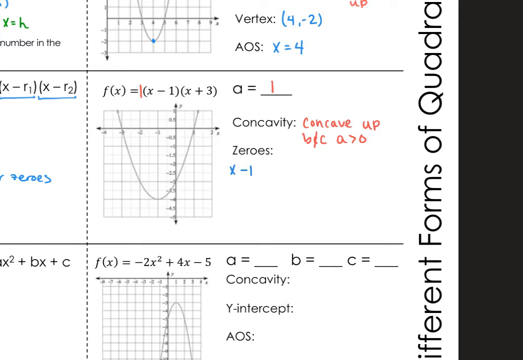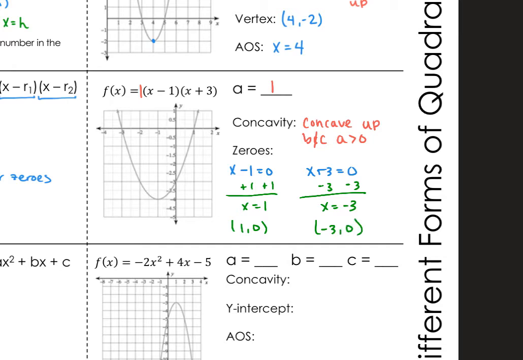So x minus 1 equals 0, and x plus 3 equals 0. And now I'm going to solve. So plus 1, so x equals 1. So one of my zeros is going to be (1, 0). And then here I'm going to subtract 3. So x equals -3. So my other zero is going to be (-3, 0).